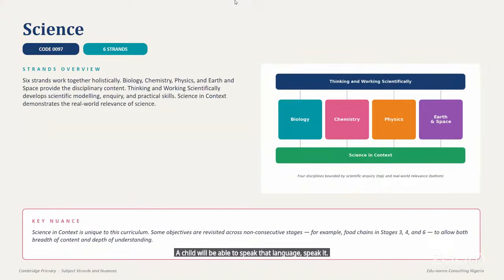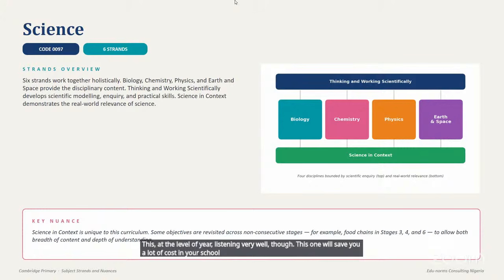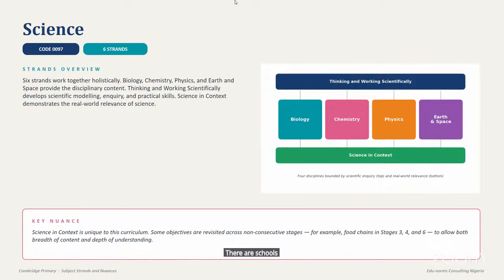Now, for this science, at the level of year 1, listen very well. This one will save you a lot of cost in your school. But there are schools handling Cambridge science or British science wrongly. Biology is not a subject at this level inside the Checkpoint framework.